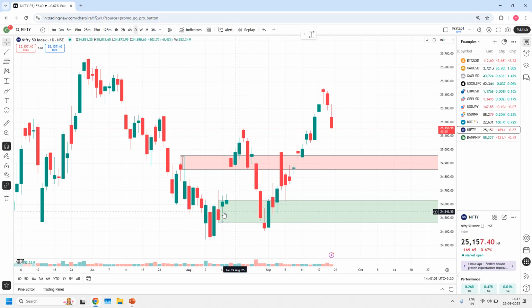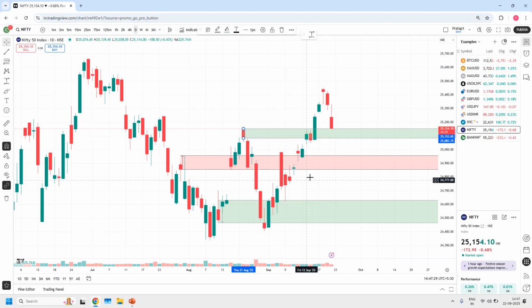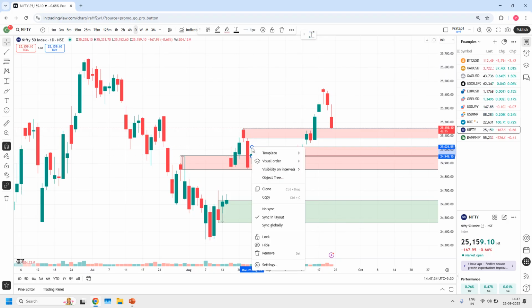This demand zone is responsible for trend change here. Now downtrend is changed to sideways. Now what happened? Again a rally base drop is created. After that base drop is created. These are the supply zones. Here one more.